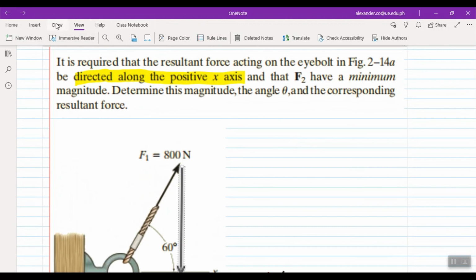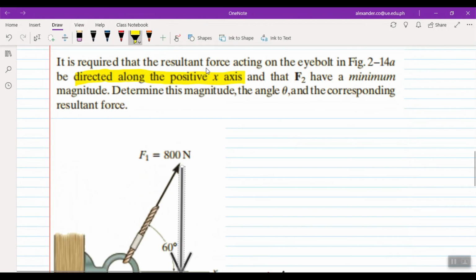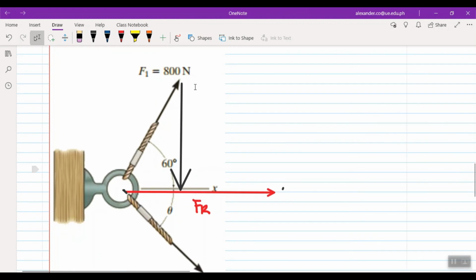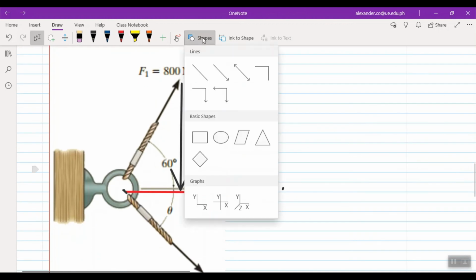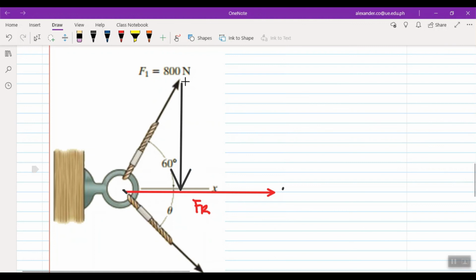Nasagot na kaagad natin tong angle theta. Ilan yan? Base dun sa drawing, without computing, ang theta mo will be 90 degrees. Di ba? Ito yung theta na yan, lilipat ko lang dyan.